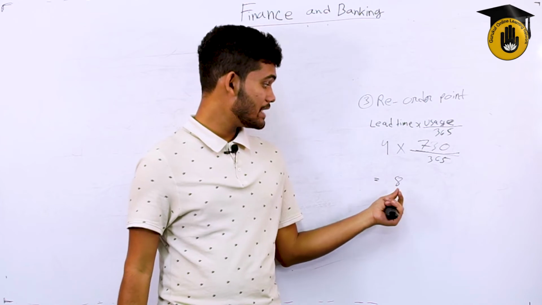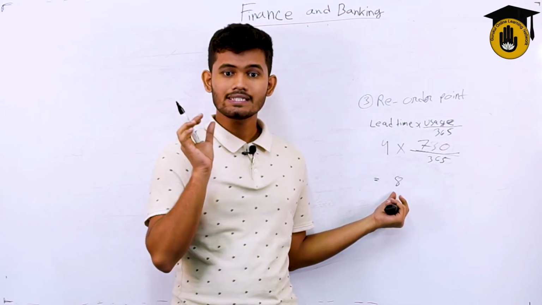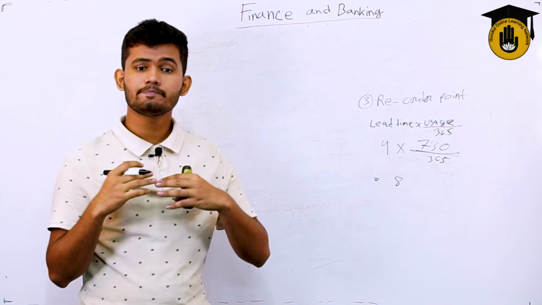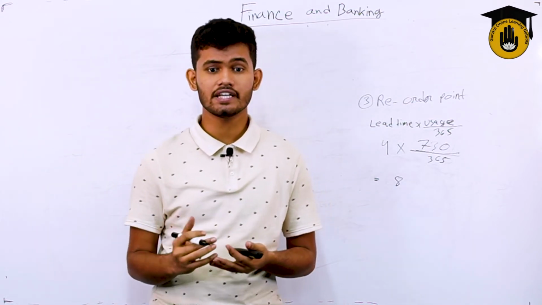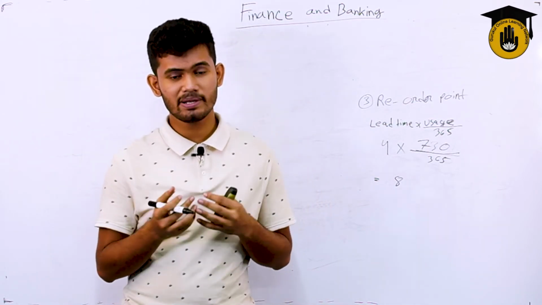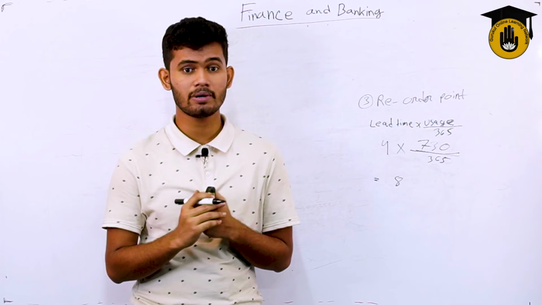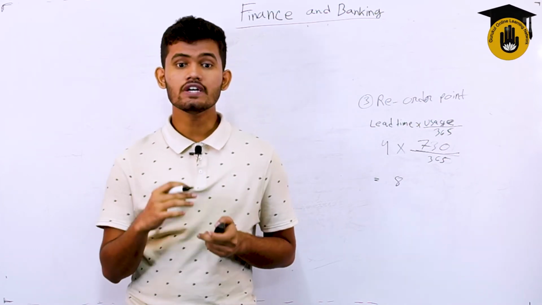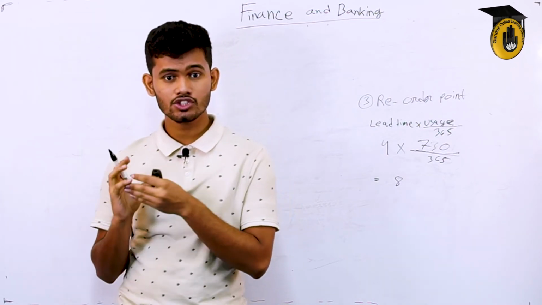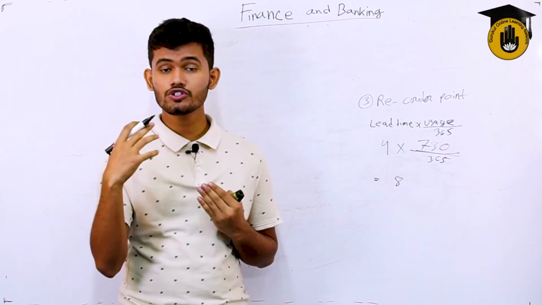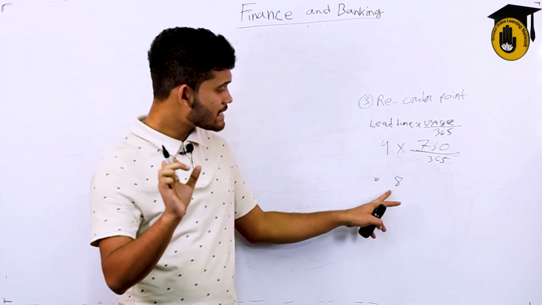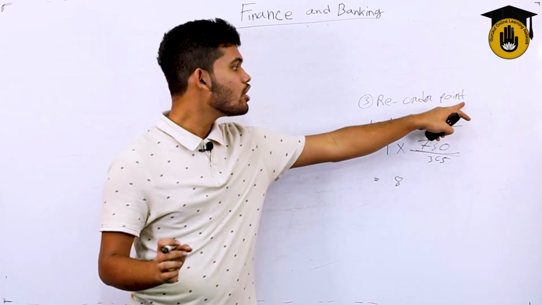So what does that mean? Out of 730 dozen, we are spending all of the 730, giving them out to the customers. But as soon as 722 dozens are sold out and only 8 dozens are left, that is the time when we have to order those products again.